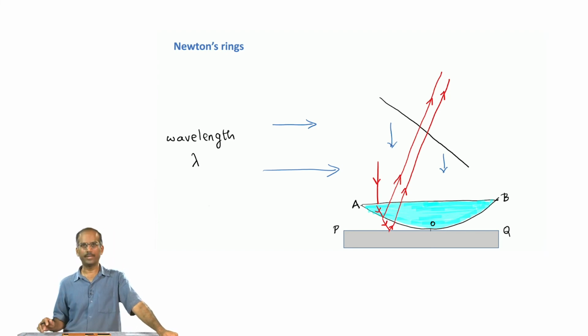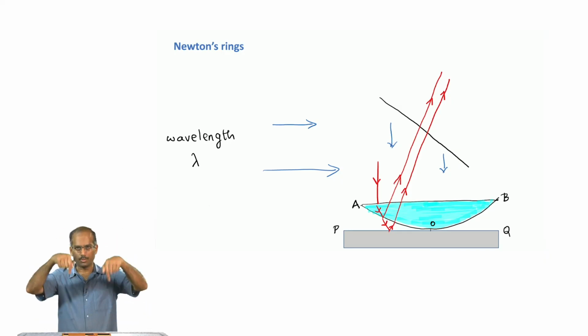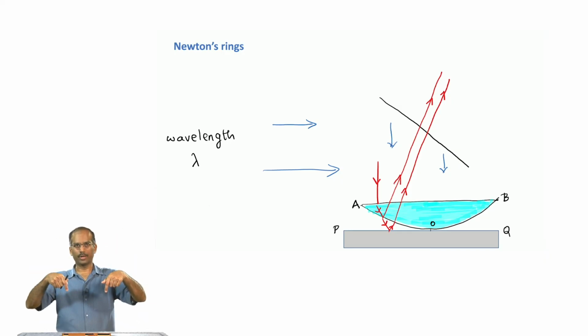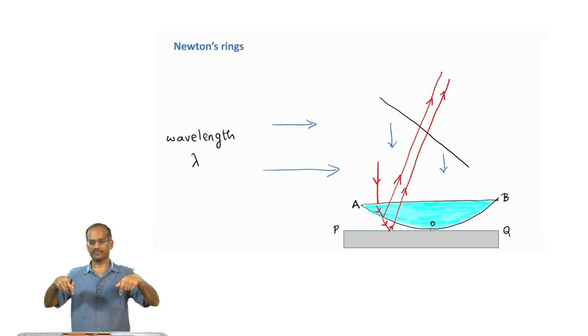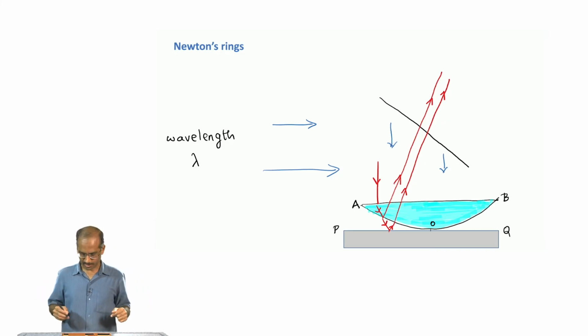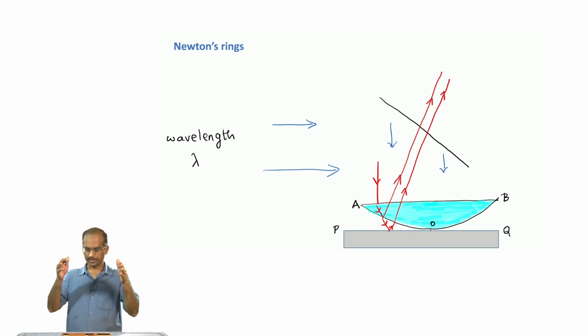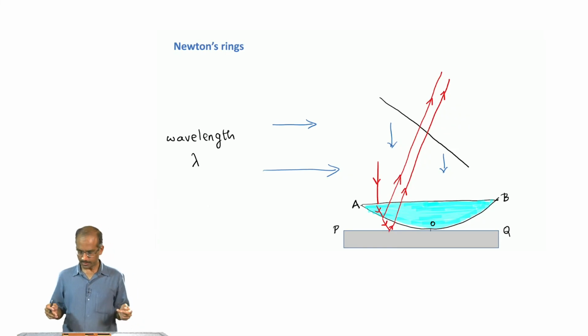So, this AOB is a plano-convex lens, and the plano-convex lens itself is placed on a slab PQ. The rays shown in blue go and hit the top part of the plano-convex lens. This corresponds to the case of normal incidence, so the angle of incidence is 0.